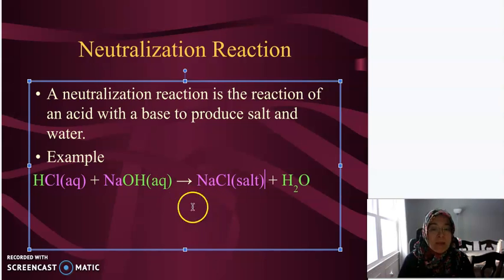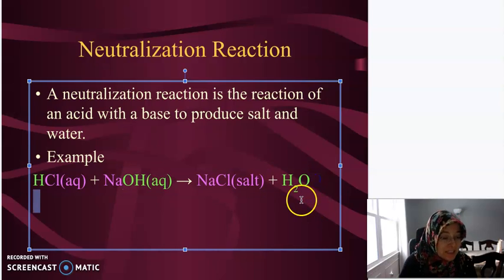Hydrogen and hydroxide combine and make water. That is the same for all acid and base reactions: the acid brings the hydrogen, the base brings the hydroxide, they combine to make water, and the rest of the ions make the salt.